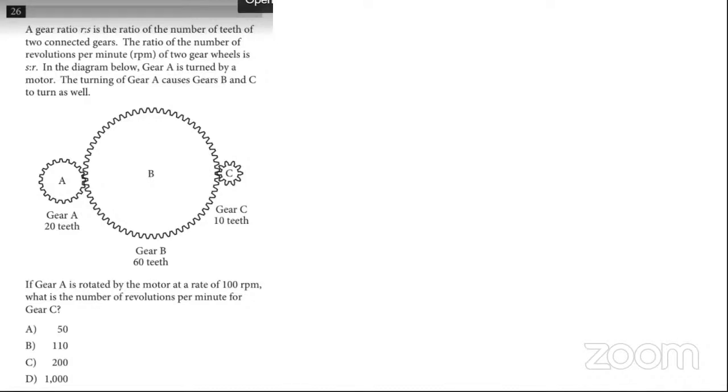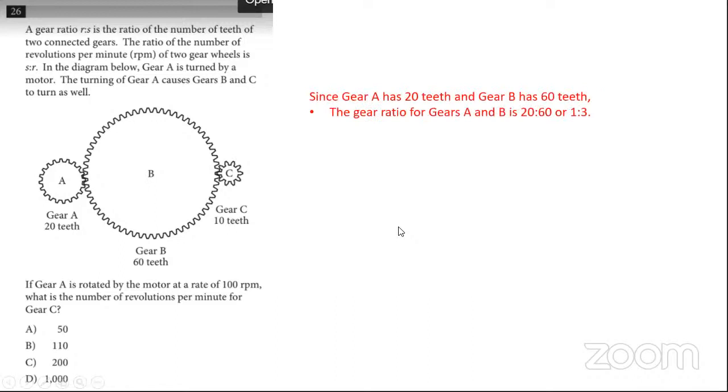So let's first consider gear A and gear B. Gear A has 20 teeth and gear B has 60 teeth. So what will be their gear ratio? Their gear ratio will be 20 is to 60, which is basically 1 is to 3. Dividing both sides by 20, that's just 20 by 60, canceling out 20, we get 1 by 3.